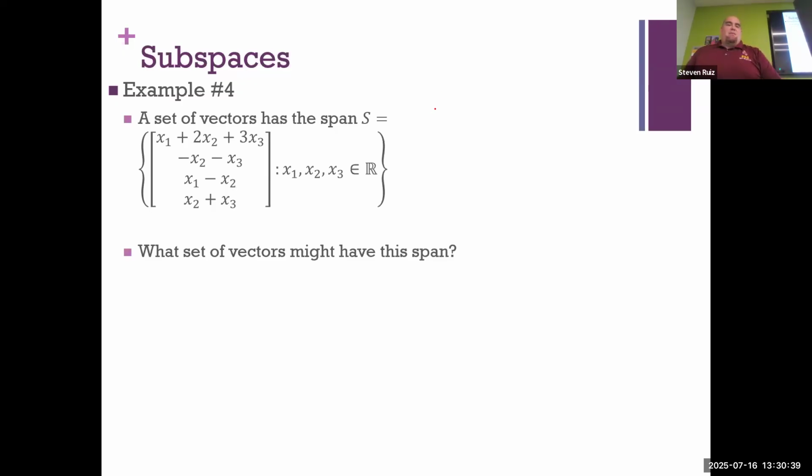Because think about what the span really is. The span of a set of vectors is its linear combinations, right? So the span of S generally looks like this: constant 1 times vector 1 plus constant 2 times vector 2, and then all the way up to constant n times vector n.